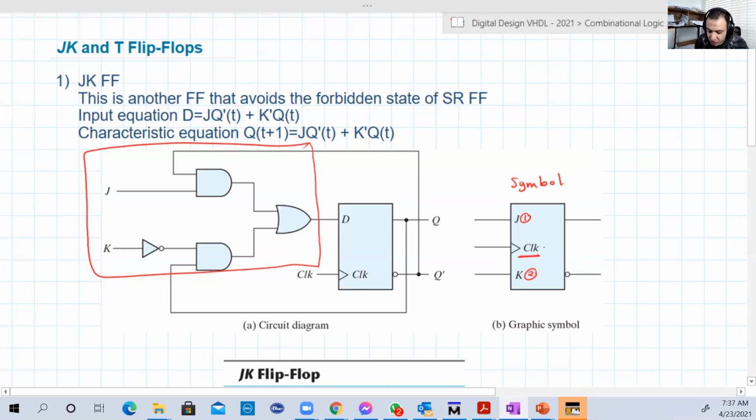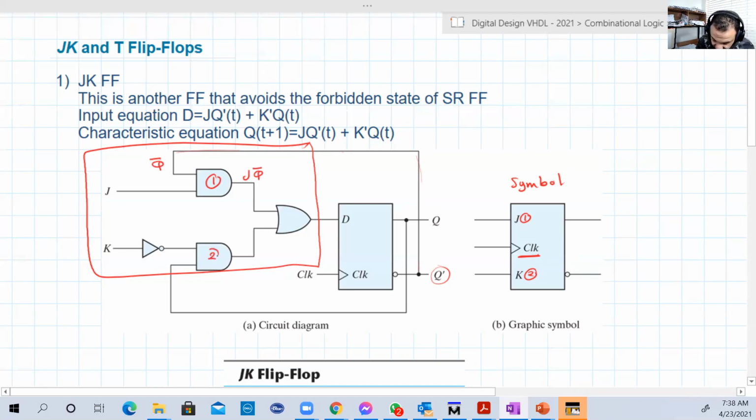So as we see here, D is basically J Q bar. So this input here is Q bar. Look, it comes from Q bar. So the output of the first AND gate is J Q bar.